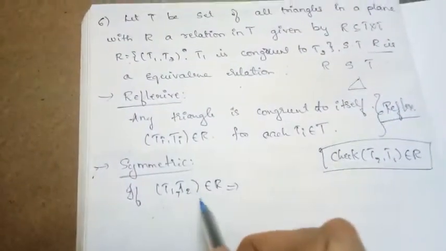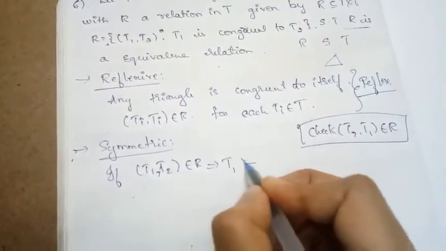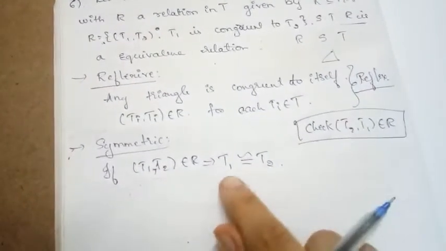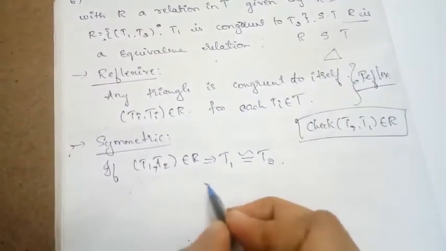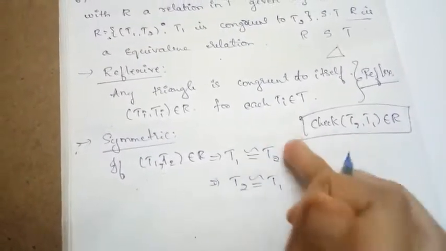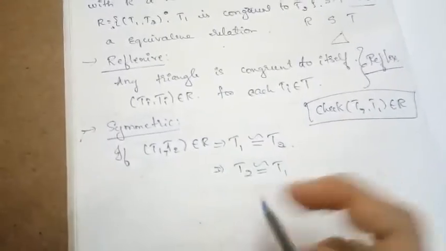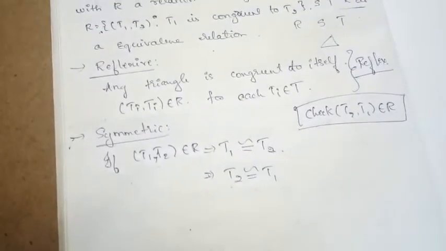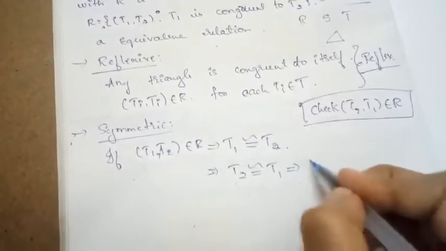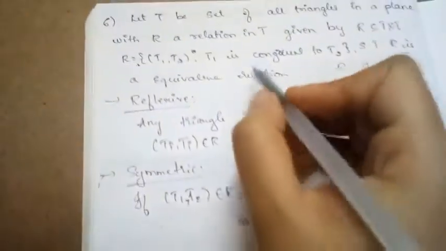If these two triangles are in the relation, then T1 is congruent to T2. That is what the relation is saying. If T1 is congruent to T2, then T2 is also congruent to T1, right? Both are one and the same. If T2 is congruent to T1, what does that imply? T2 comma T1 belongs to R.